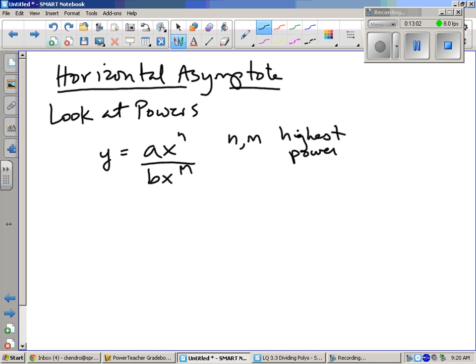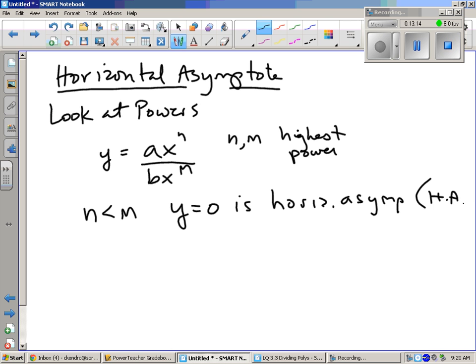So here's the deal. If n is less than m, then y equals 0 is the horizontal asymptote. I'm just going to write HA. Ha! We'll teach that horizontal asymptote lesson.